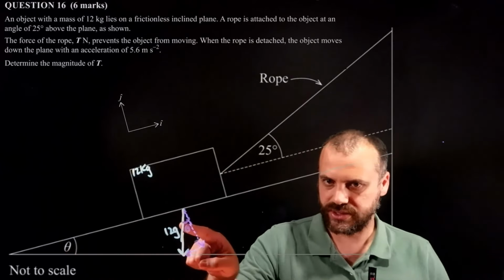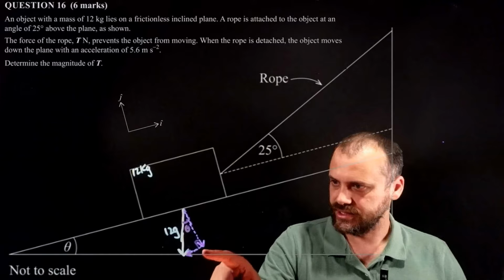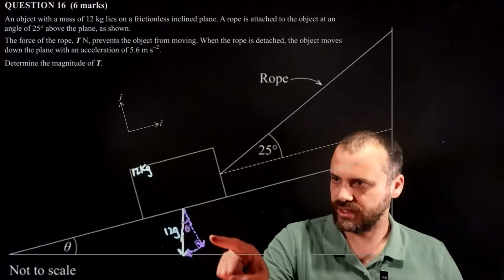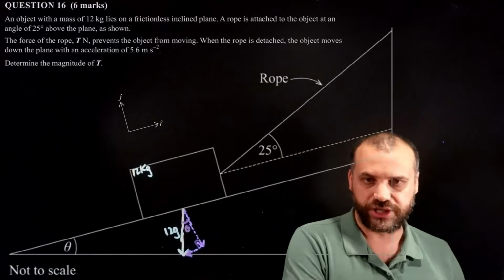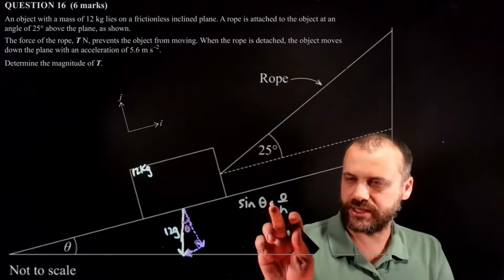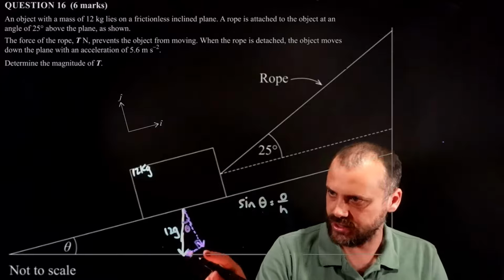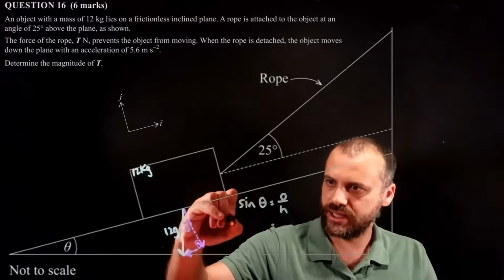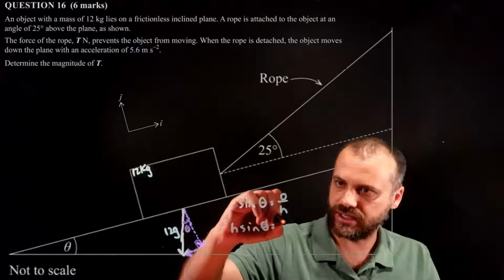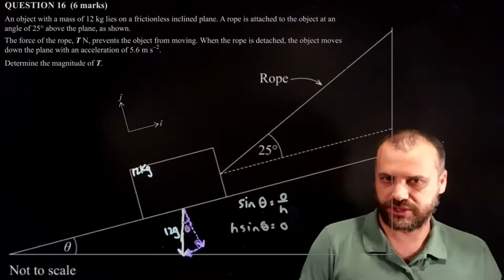It's equal to that angle there because that lets us come up with a value for this and a value for this using trig. So very quickly, sine theta is equal to opposite over hypotenuse, where opposite, if that's theta, opposite is here, which means that h sine theta is equal to our opposite side.